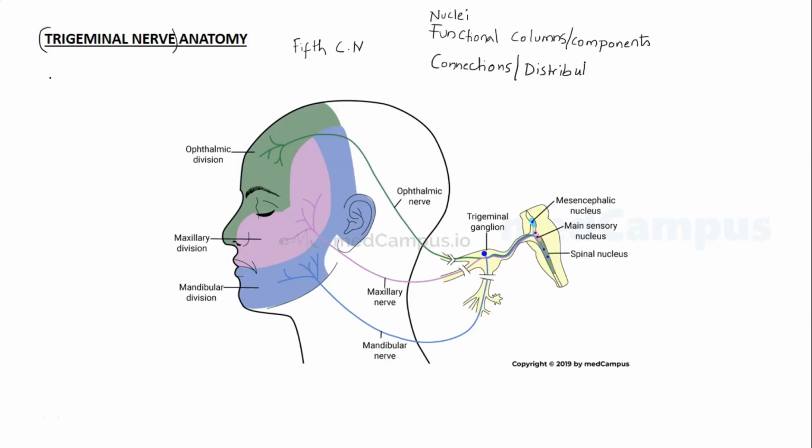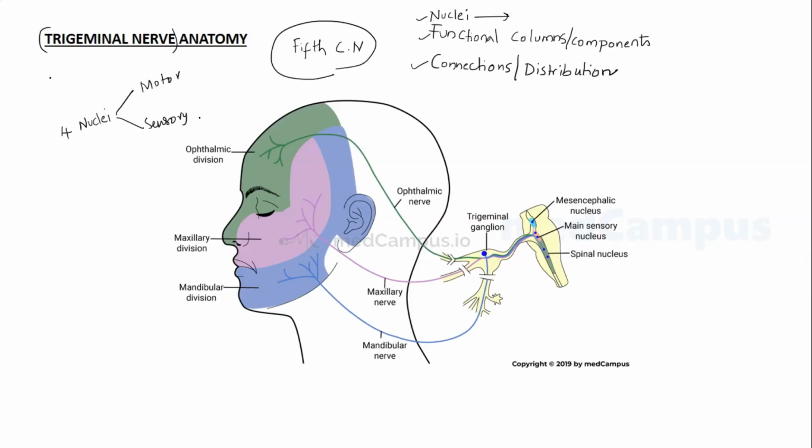So please, in the theory exams, don't get confused. Look at what are the subheadings under each essay. Are they asking about nuclei? Are they asking about the functional components or columns? Are they asking about the connections or distribution? Nuclei is fine. For example, for fifth cranial nerve, we have 4 nuclei. One is motor nuclei, the other is sensory.